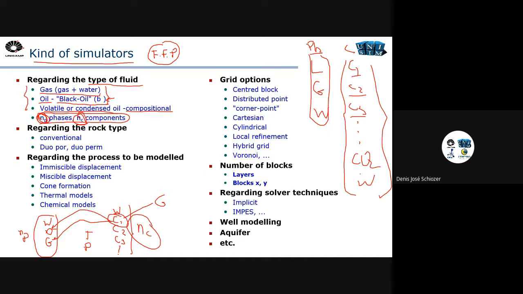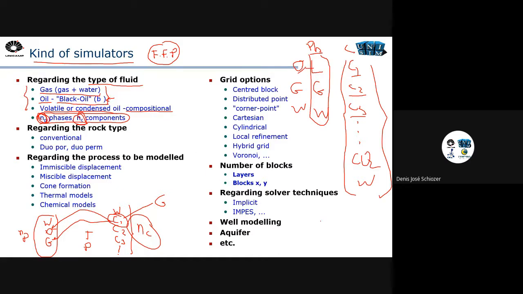And the phases are liquid, gas, and water, okay? In the petroleum area, we call the liquid phase oil, and we call the others gas and water, okay? So that's normal, we're just changing liquid to oil, gas, and water.